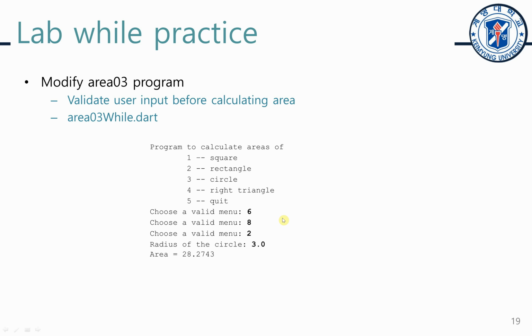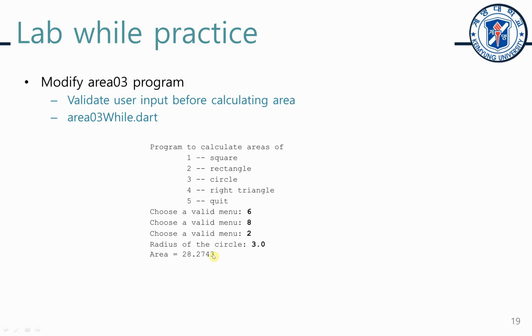In this case, the menu will be displayed, and if the user inputs 6, we can tell the user to choose a valid menu, and when the user inputs 8, again we say choose a valid menu. And when the user inputs 2, this means calculate the area of a rectangle, or calculate the area of a circle.